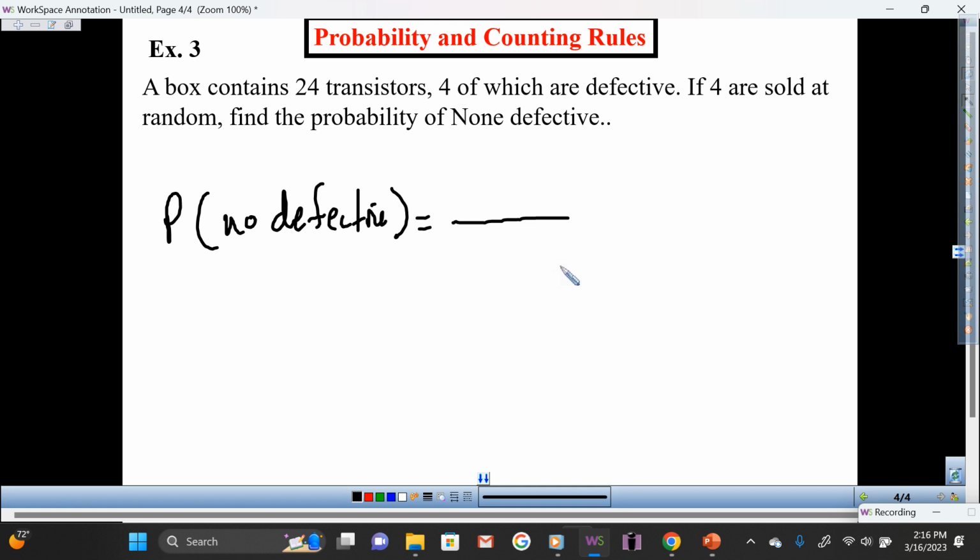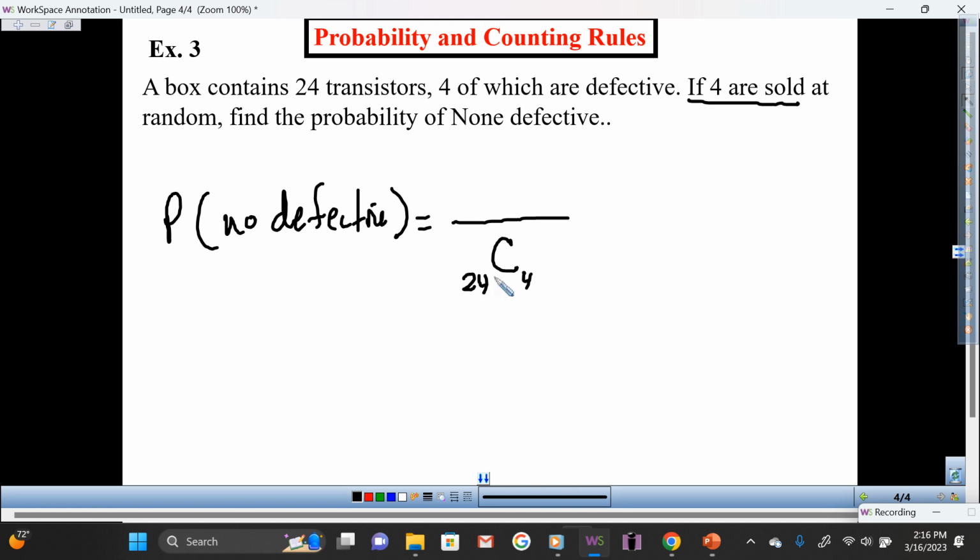All right. Help us with the denominator, total of totals. Alejandro, what do I write? Yes, 24 and 4, because still 4 are sold, yes, out of the 24.